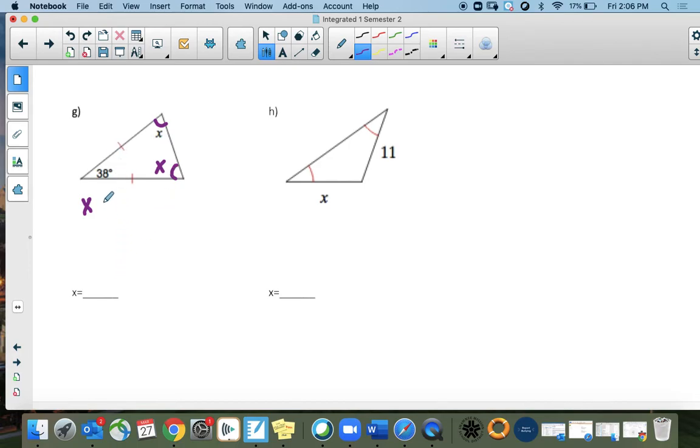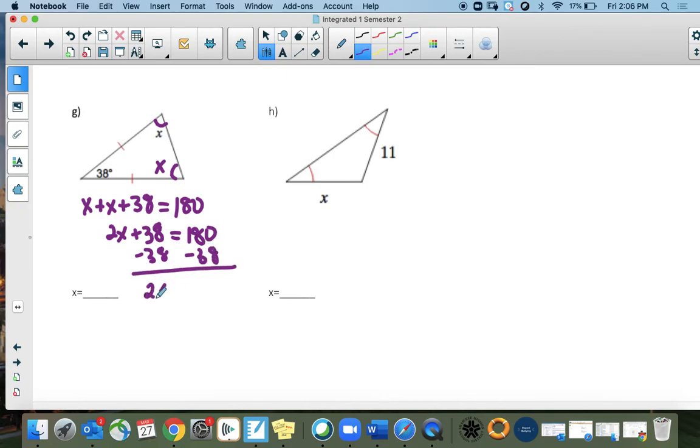We don't know what it is, so you'd say x plus x plus 38 equals 180. Okay, so x plus x is 2x plus 38 equals 180. Subtract 38 from both sides. 2x equals 142. Divide by 2. x equals 71.